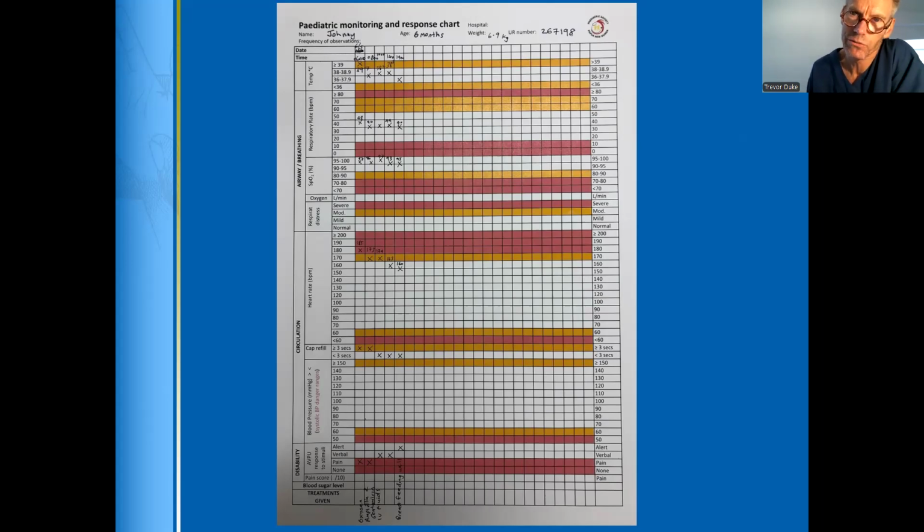He had some signs of septicemia, although he didn't have shock, and you'd want to know that he wasn't deteriorating. And you can see his vital signs. He starts off, well, some things were normal, but his temperature wasn't normal, was it? It was in the very high zone, above 38, and so it's in the amber zone.